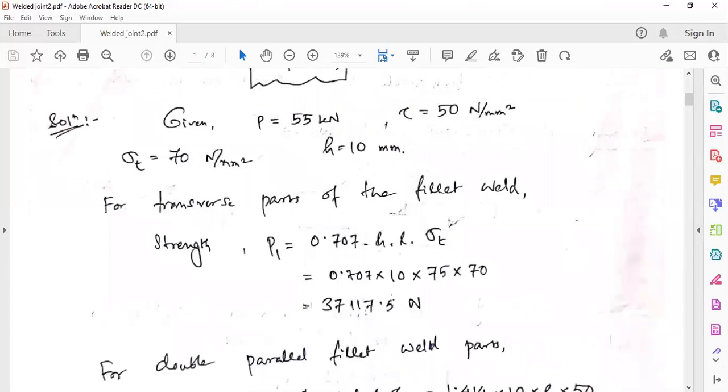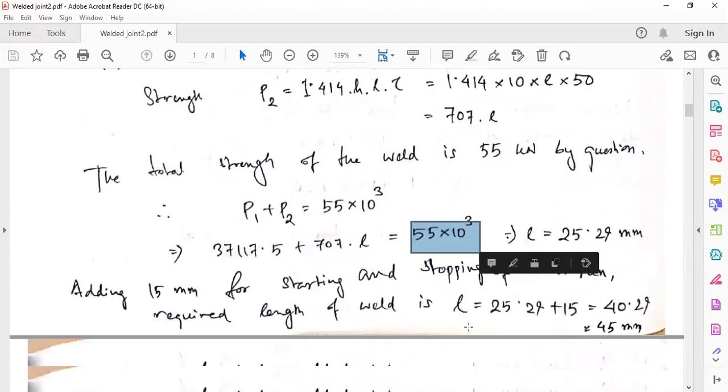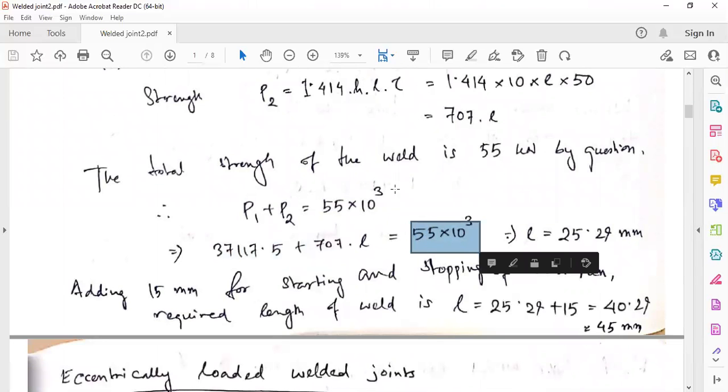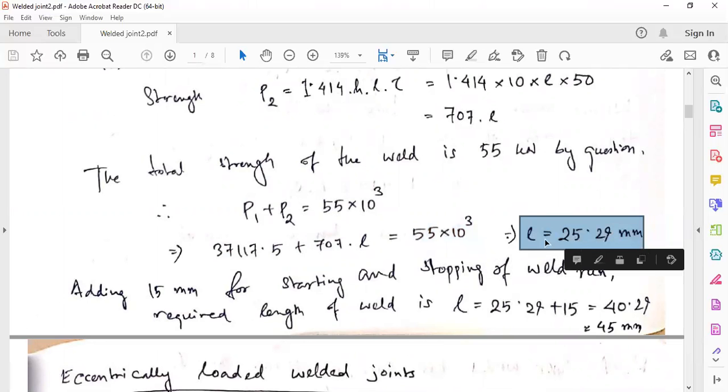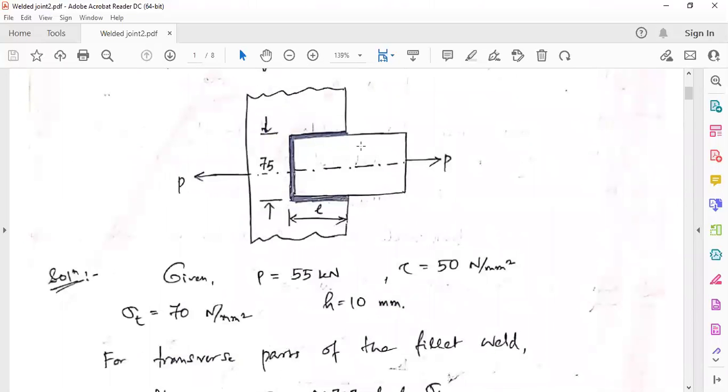P1 and P2 were resistances. So we will add them together and make it equal to 55 kilonewton. Now from here we will get the length required. The minimum length required is 25.29 mm, so that this load can take 55 kilonewton.